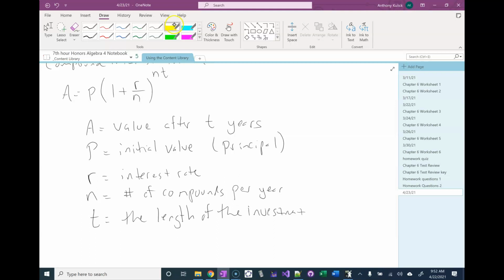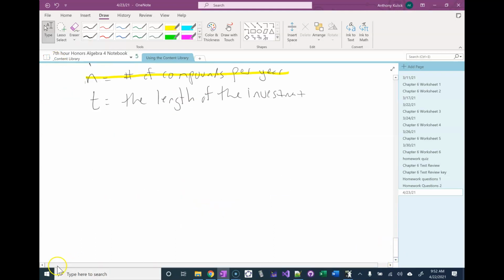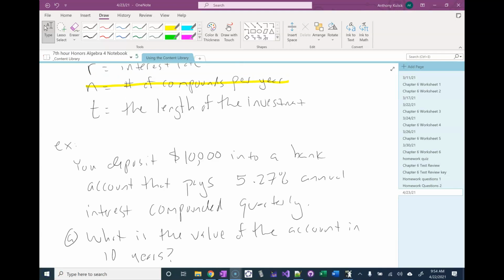The only thing that might seem kind of odd is this number of compounds per year. It's relatively easy to tease that out of the story problem to figure out what that value would be. So let's look at a quick example, and this will be the last example we look at today. It says you deposit $10,000 into a bank account that pays 5.27% annual interest compounded quarterly.